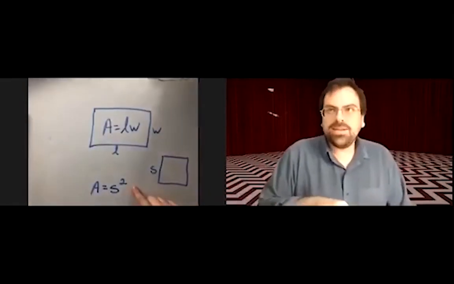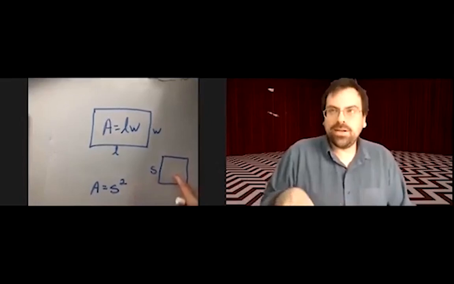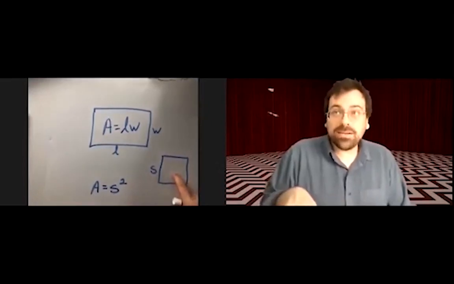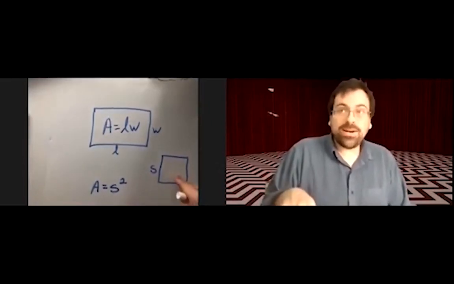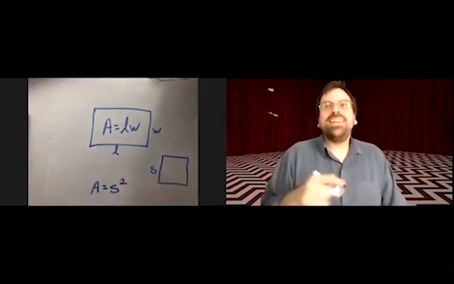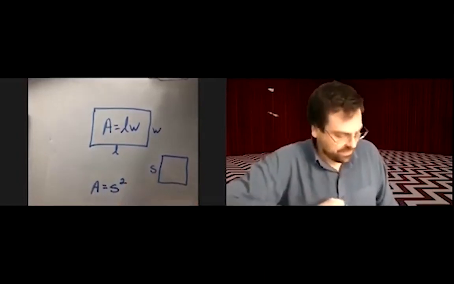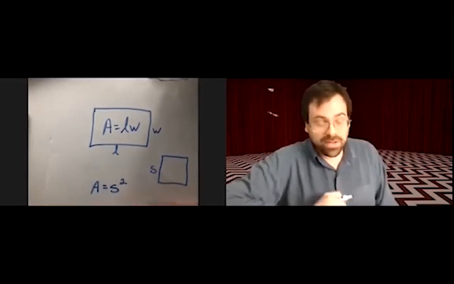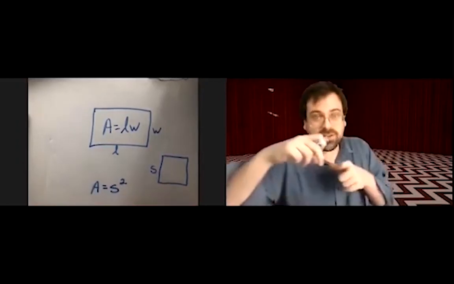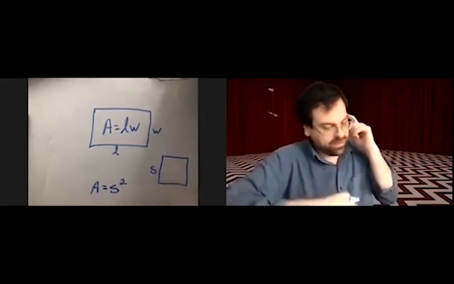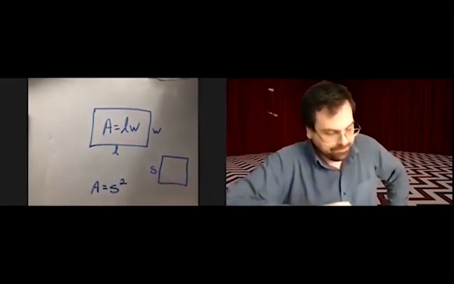Area of a square. Square, square. That's where that comes from. Remember, I showed you how area is all the different 1 by 1 squares you can fit on the inside of a thing.